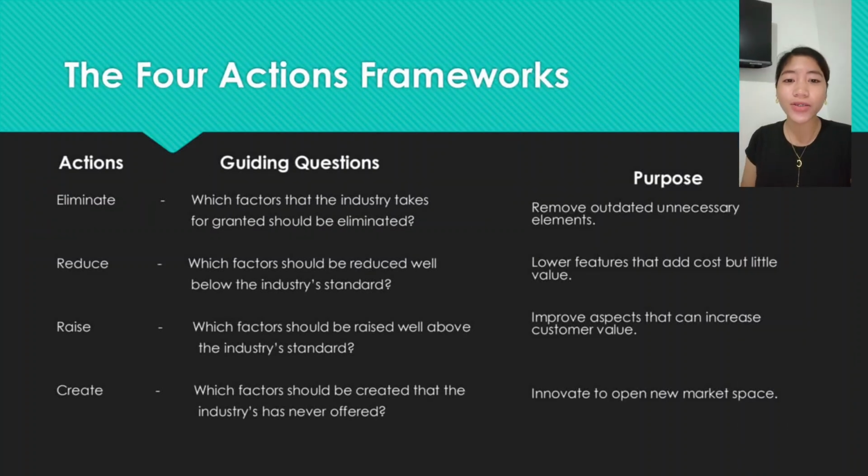Next is the four actions framework. This framework guides how to reshape your industry by answering four key questions. First is eliminate. What should be removed because customers don't care about it? Then reduce. What should be lower than the standard to save cost? Then raise.